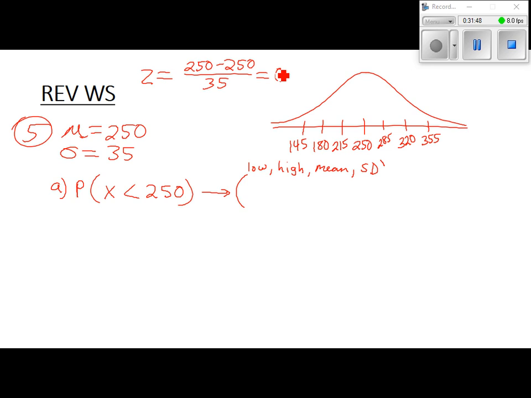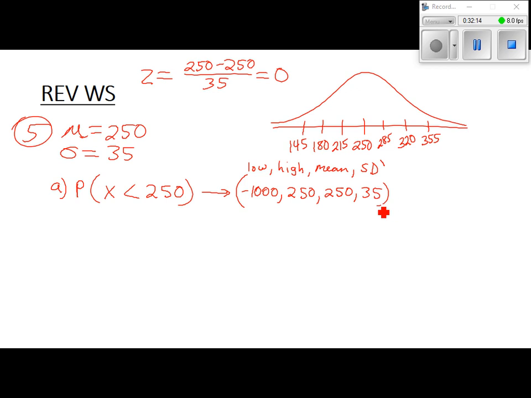If we want all the bills less than 250, what's our low limit? Maybe negative 1,000. What's the high limit? What's the mean? Mean is 250. What's the standard deviation? 35.